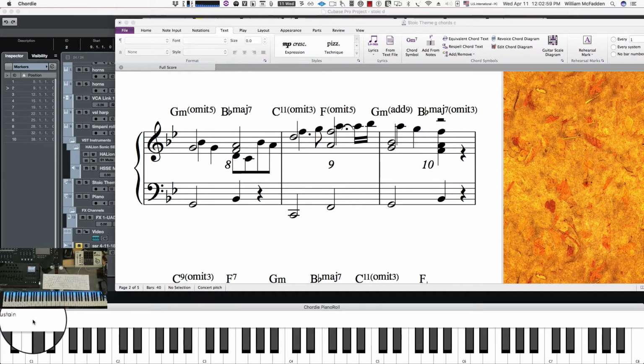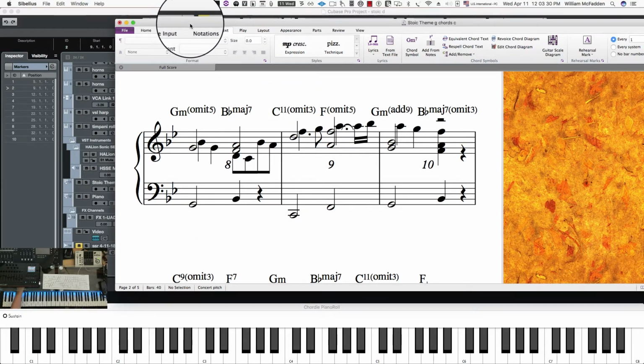Then in measure 10, we go to the G minor, and we're adding a 9. And there's the B flat major 7 again, omitting the 3. So we see a lot of omitting the third to make it a little ambiguous as to whether it's major or minor, which gives it more of an ethereal kind of feel.